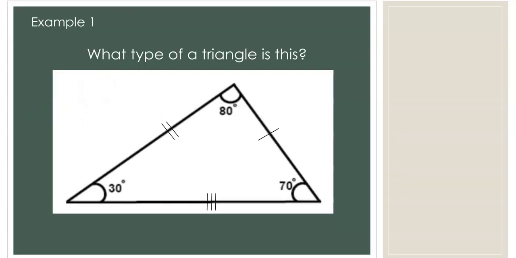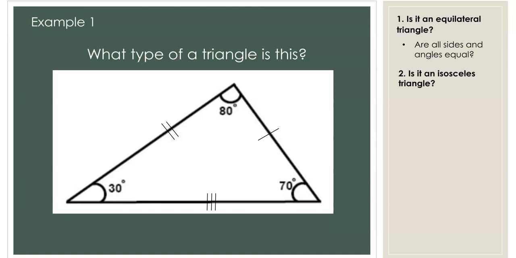Okay. Now let's look at example 1. What type of triangle is this? So let's go through the 4 definitions of the triangle. Is it an equilateral triangle? So you ask yourself, are all sides and angles equal to each other? Is it an isosceles triangle? Are 2 sides and 2 angles equal to each other?